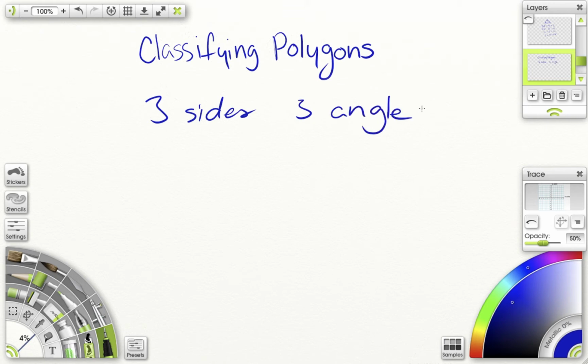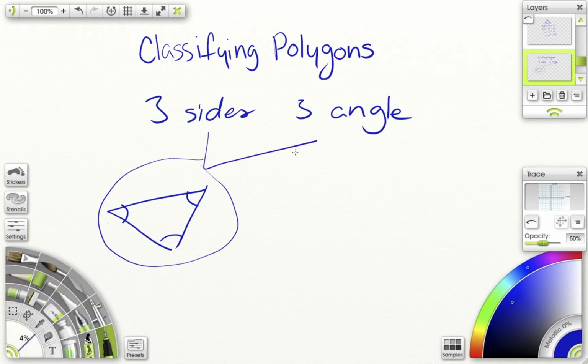Well, when you think of a 3-sided shape, you think of a triangle. Does a triangle have 3 angles? Well, you look at the corners, 1, 2, 3. So it has 3 sides and 3 angles. So a triangle fits in with this description.